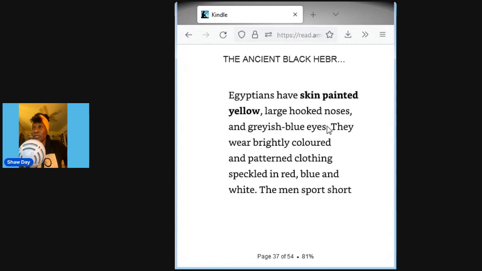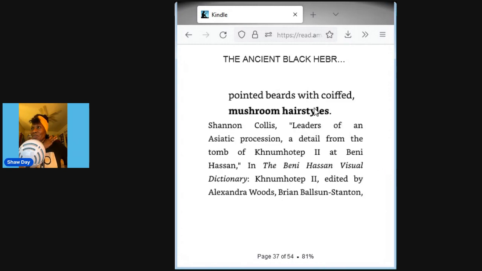I don't see how she can say grayish blue eyes because I couldn't see any eyes on that picture. Anyways, they have brightly colored and patterned clothing speckled in red, blue, and white. The men sport short pointed beards with mushroom hairstyles. Well, those mushroom hairstyles were afros.